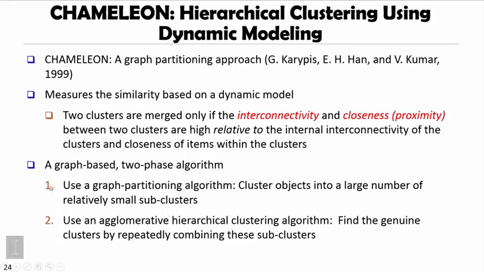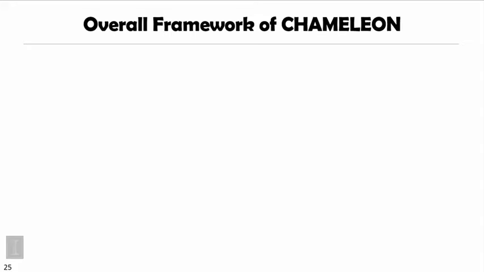In the first phase, it uses a graph partitioning algorithm. Essentially, it clusters objects into a large number of relatively small subclusters, also called graphlets. Then in the second phase, it uses an agglomerative hierarchical clustering algorithm to find the genuine clusters by repeatedly combining these subclusters or graphlets.